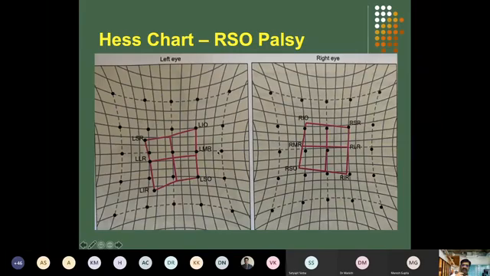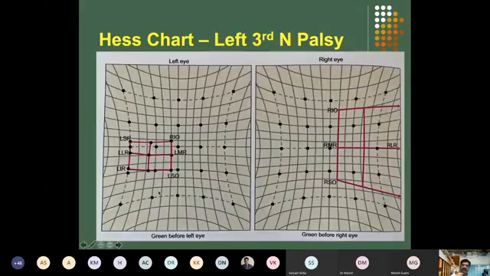Now this is a Hess chart of right superior oblique palsy. If you can see here, the medial and down movement is with the right superior oblique, and that is underacting, and the same eye inferior oblique is overacting. So in this case, we can plan for an inferior oblique recession.